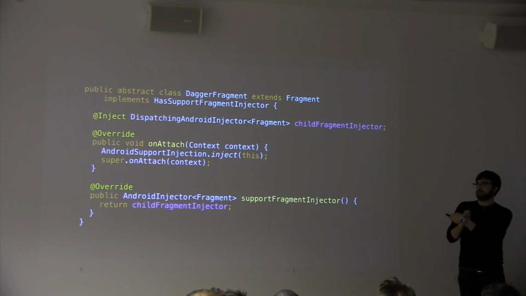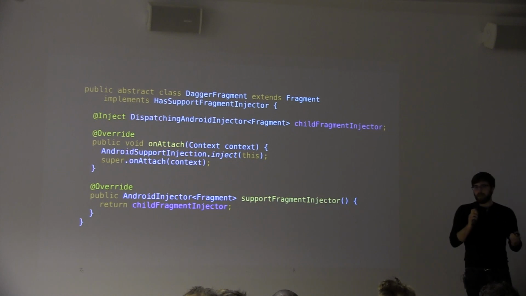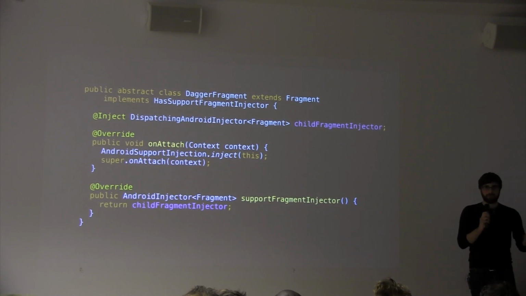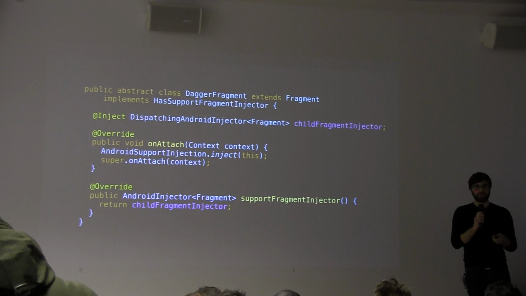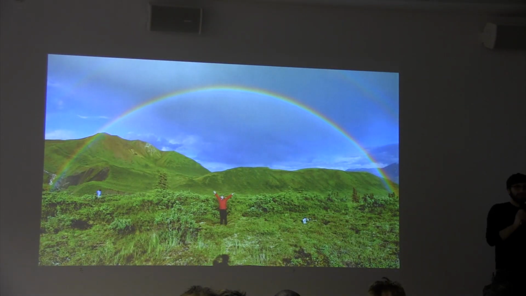Instead of calling Android injection, we just call Android support injection because it's a support library fragment. And it's just going to go look up its parent fragment, see if it implements has fragment injector, and then the activity, and then the app until it finds one, grabs that map, builds its subcomponent, and calls inject.